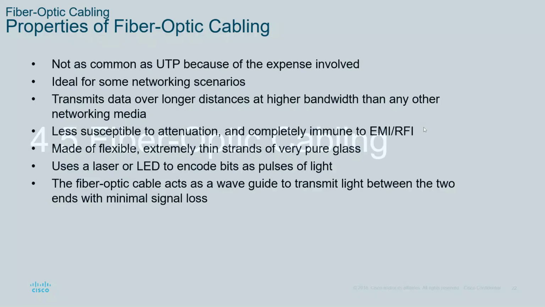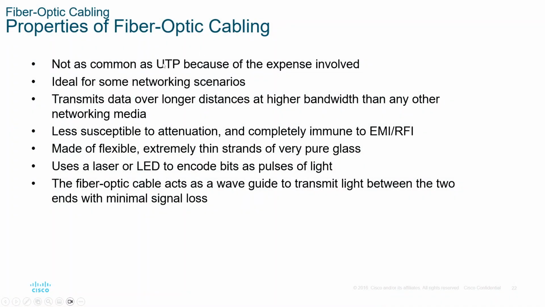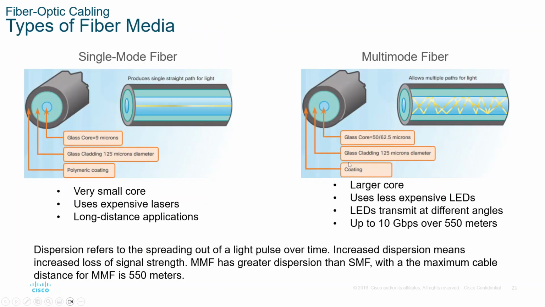Now there's a better cabling option called fiber optic, which you must have heard many times, like Bell Fibe or fiber optic connection. So what exactly is fiber optic? The main difference between fiber optic and UTP cable is the core. The core is the medium that actually carries the signal.